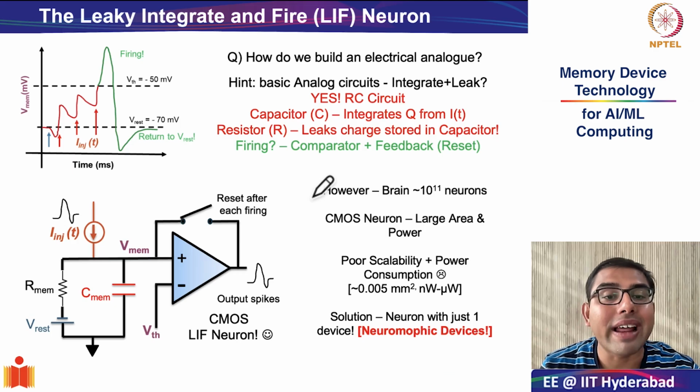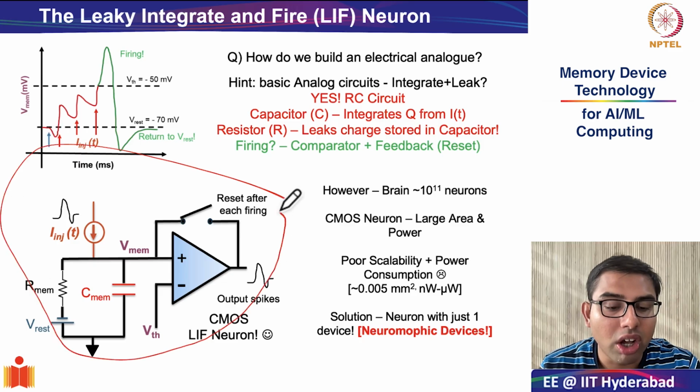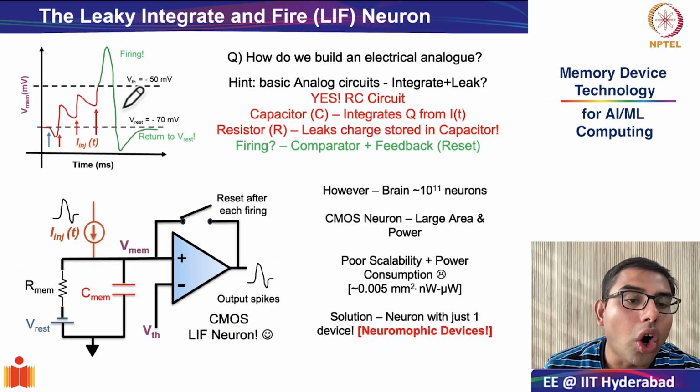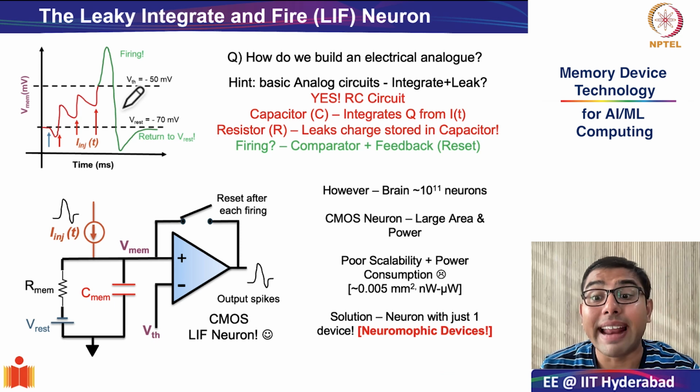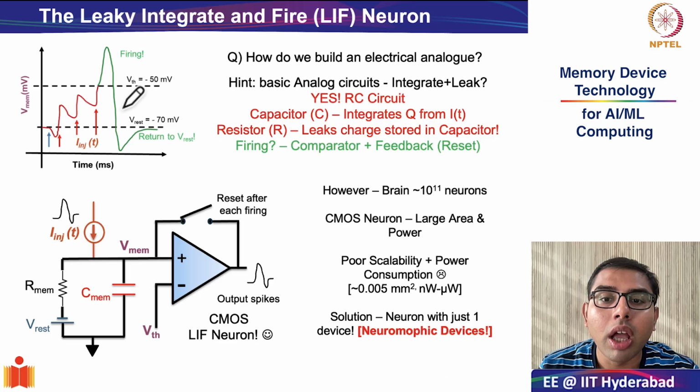Finally, we also looked at the leaky integrate-and-fire neuron model that you see on the slide. It captures the behavior of neurons in electrical engineering terms, because the final goal is to make devices and circuits which can mimic this biological computation.